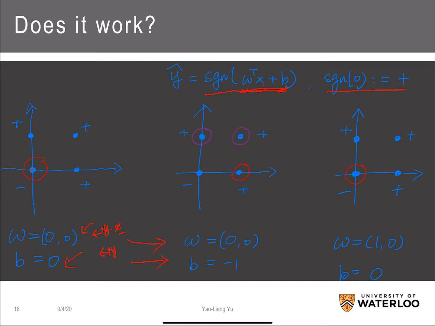Again I do the prediction, and I realize now I'm predicting correctly on this point, but incorrectly on the other 3 points. So I'll keep running the algorithm.